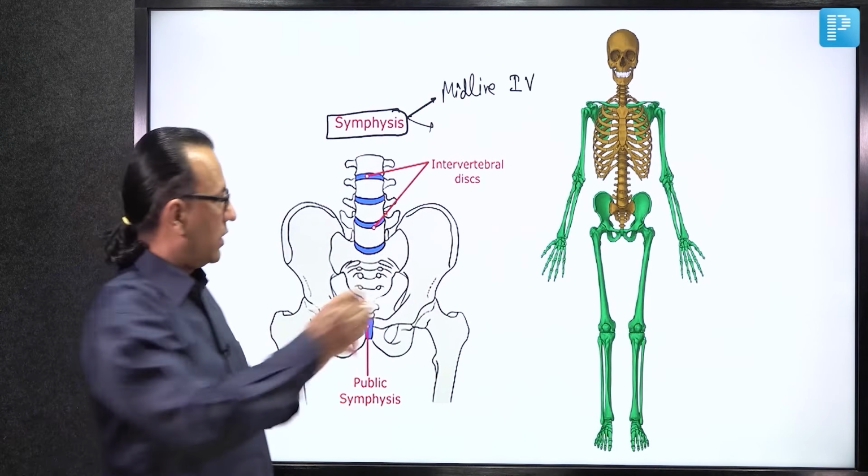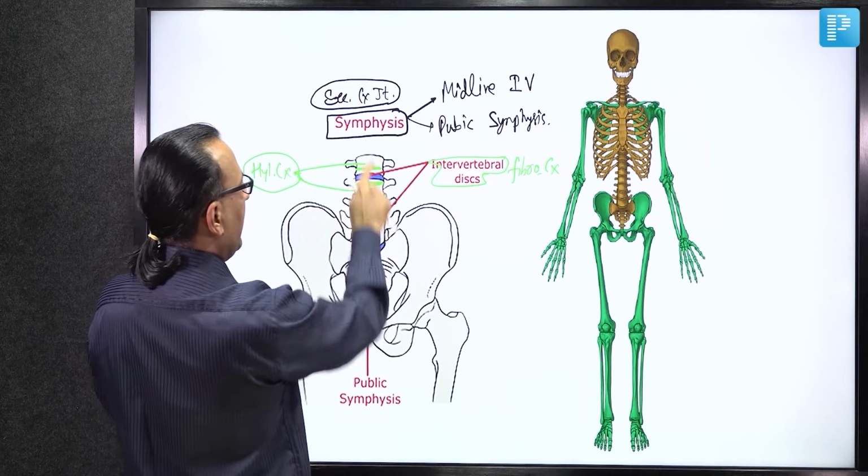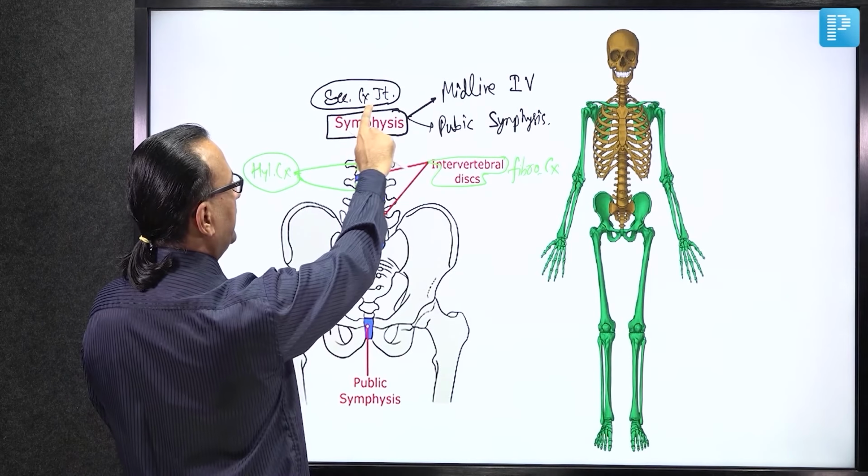So the structure type you can understand. There is one vertebra articulating with another vertebra. Between the 2 bones you have hyaline cartilage on either end, and sandwiching them is the fibrocartilage intervertebral disc. So when 2 bones are united by hyaline cartilage plus fibrocartilage, this type of joint, which is usually in the midline, is called symphysis or secondary cartilaginous joint.